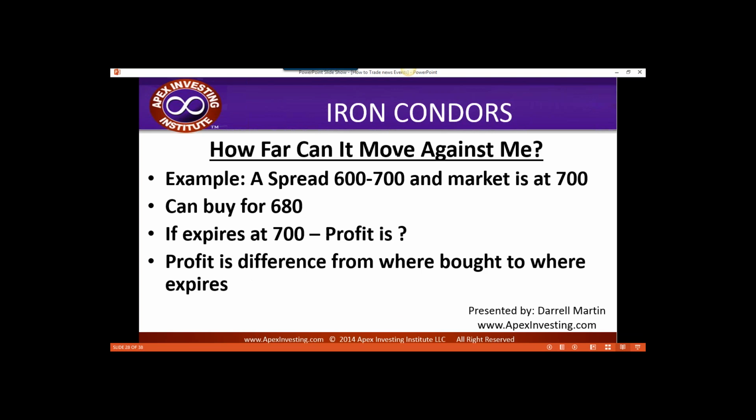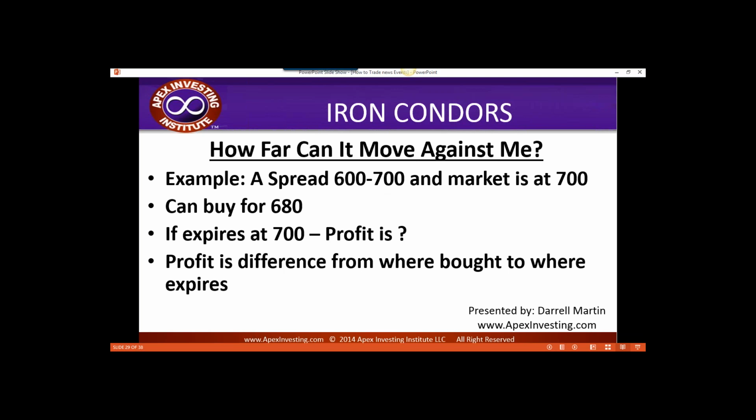Okay, so here's an example. Let's say there's a spread from 600 to 700, meaning the floor is 600 and the ceiling is 700. Right now the market is at 700, at the top of this spread. But let's say you can buy the spread for 680. If the market expires at 700, what is your profit?